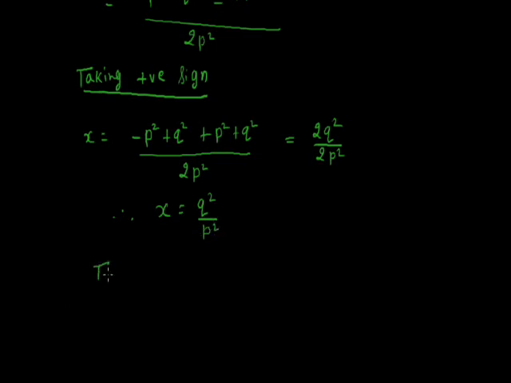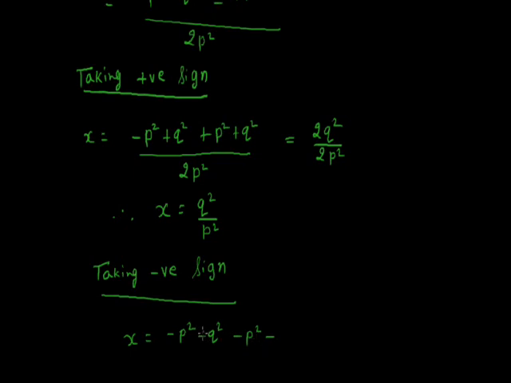Now taking negative sign, x is equal to minus p square minus q square minus p square minus q square.